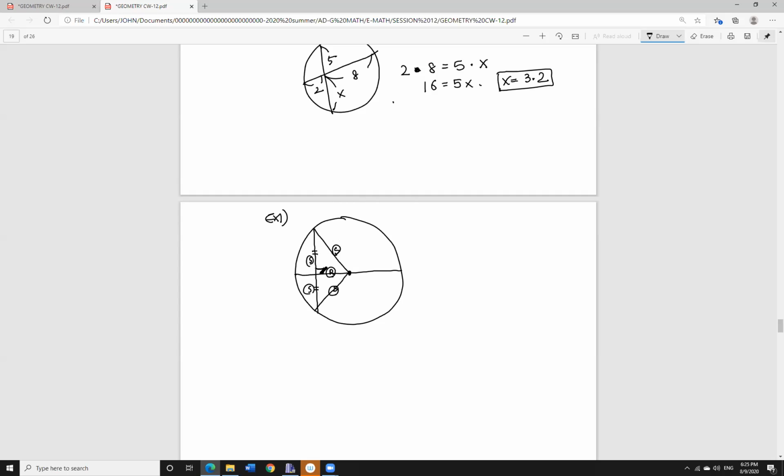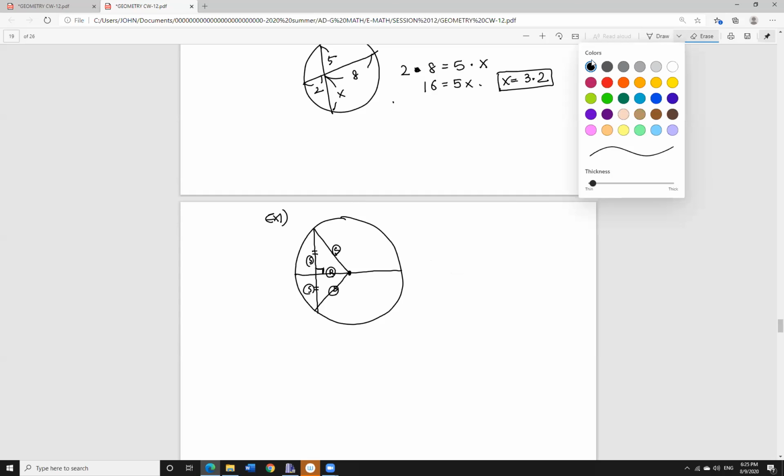So the diameter, when you have a diameter, always perpendicularly bisects. Okay? Perpendicular bisect. So we can write it down over here.